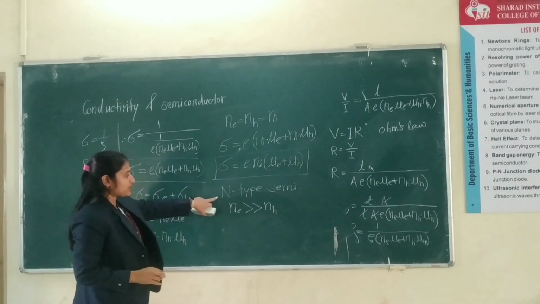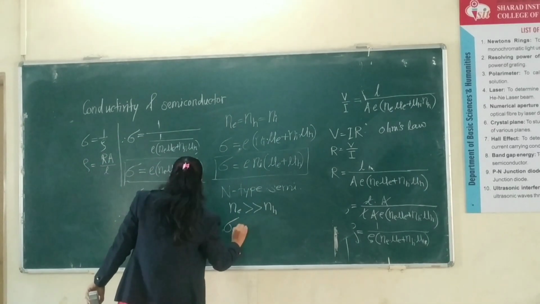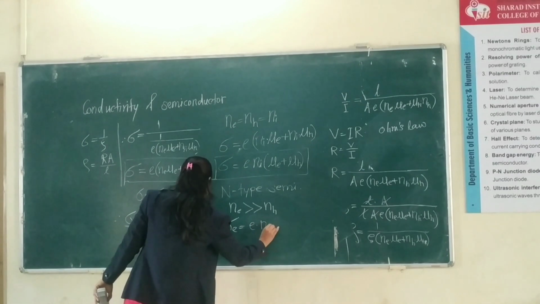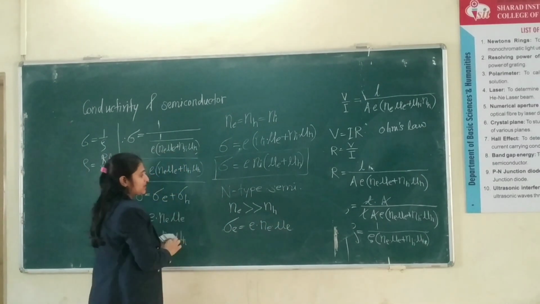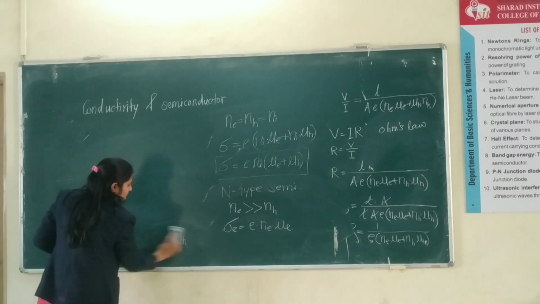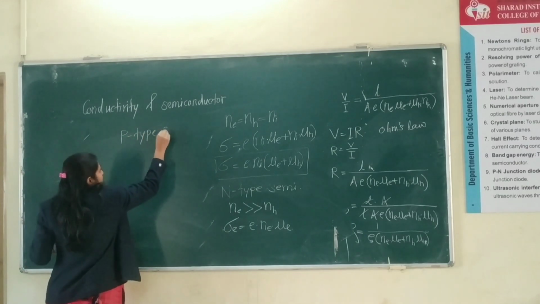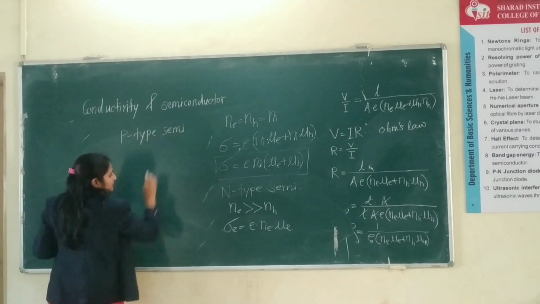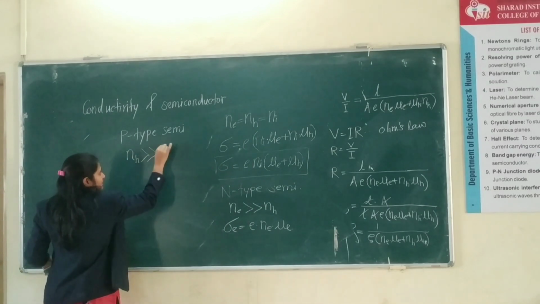So for N-type semiconductor, conductivity is E into Ne into mu E. Okay, and for P-type semiconductor, NH is greater than Ne.